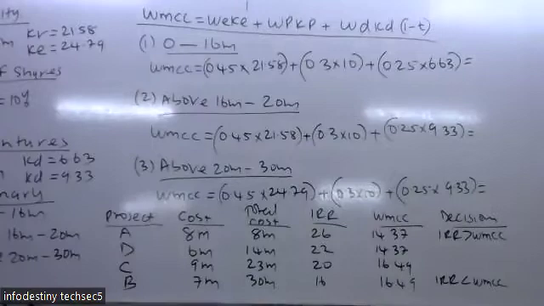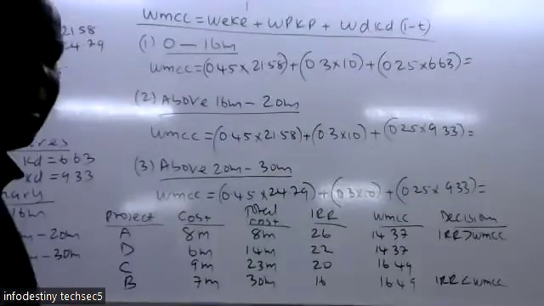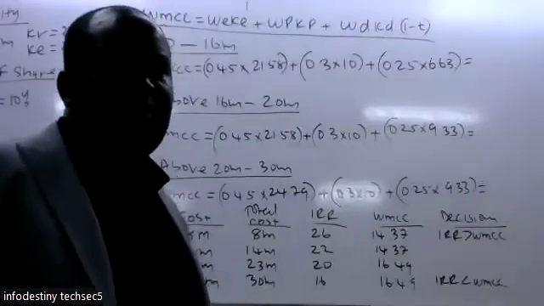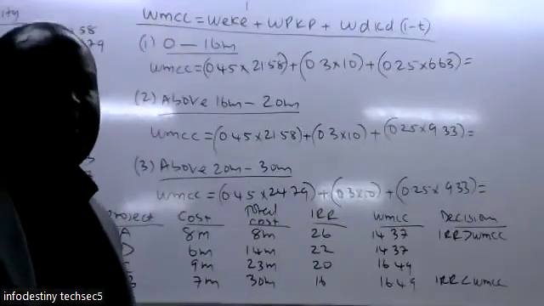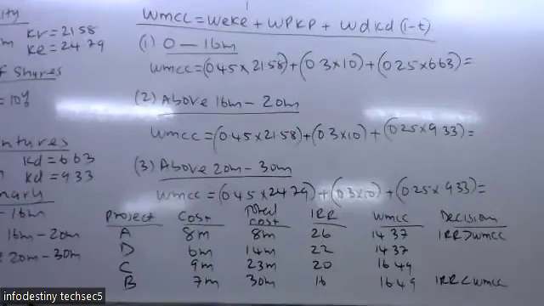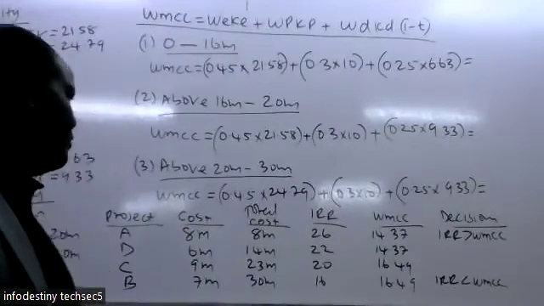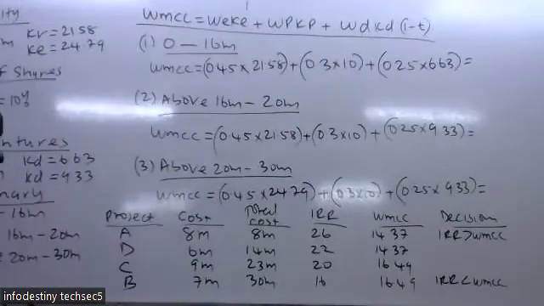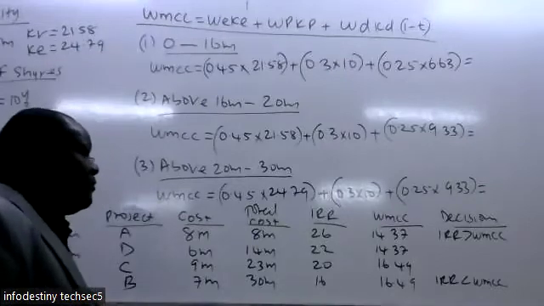So we summarize that optimal capital budget is the total cost of the accepted projects. Therefore, it is 23 million.